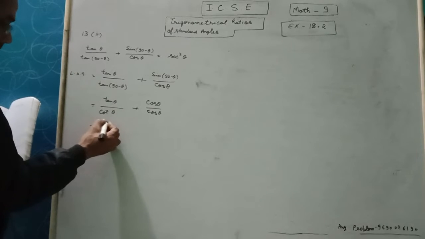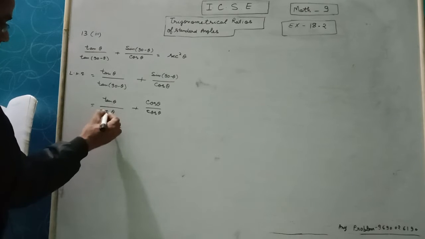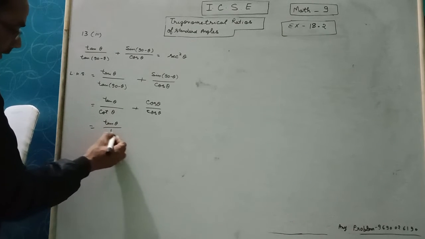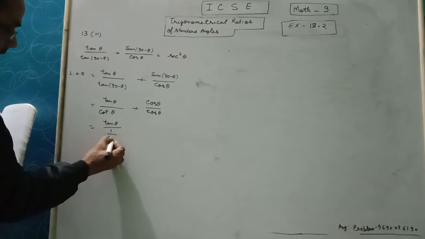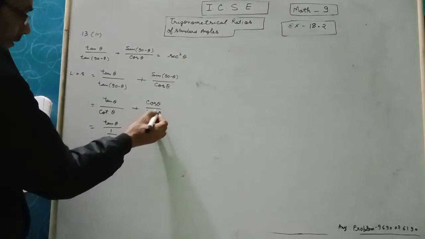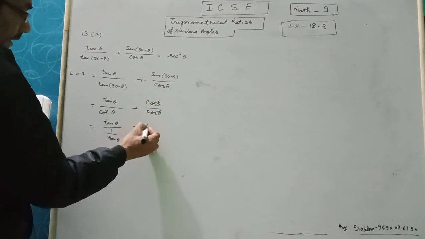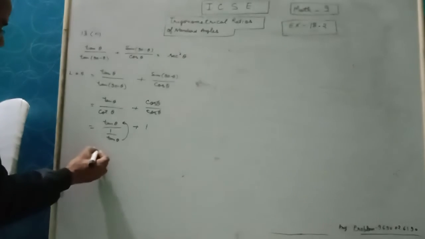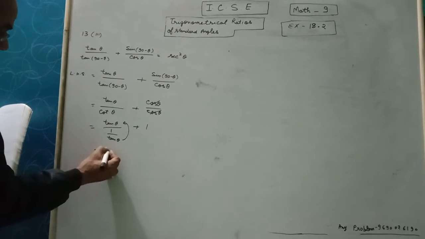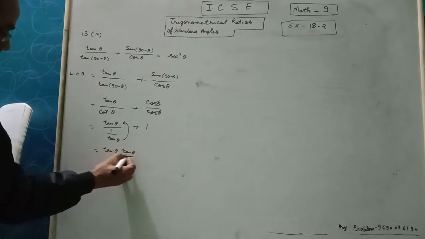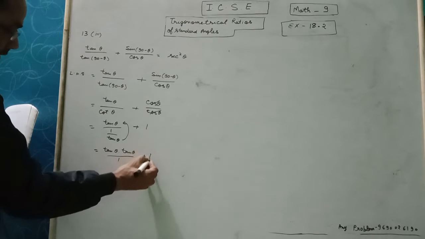Tan theta is the same. Cot and tan are reciprocal, so we can write 1 upon tan theta in place of cot theta, plus the same divided by the same is equal to 1. After that, tan theta into tan theta upon 1, plus 1.